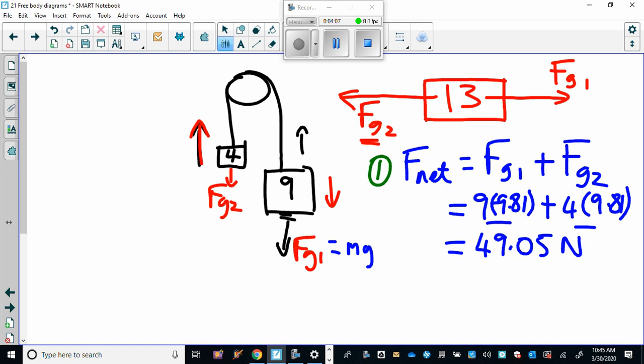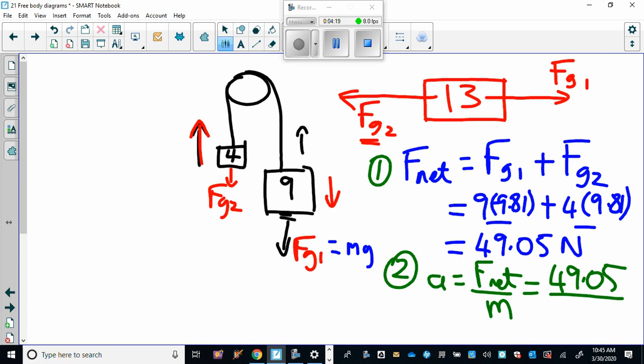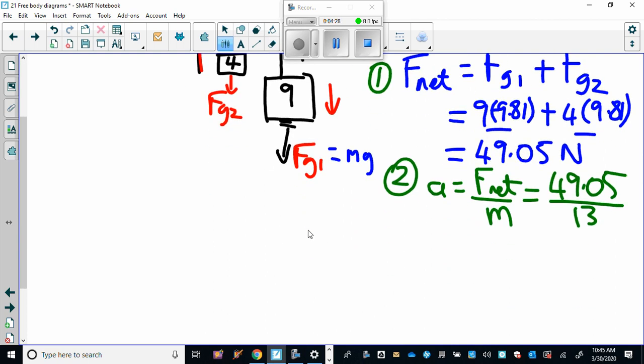Equation number 2, we're just going to use acceleration equals the net force divided by the mass. The net force we just calculated. And the mass in this case is the entire system, so you have to use 13 right there. And then you're going to divide those two numbers, and you end up getting an acceleration of 3.77 meters per second squared. So considerably smaller than the 9.81.